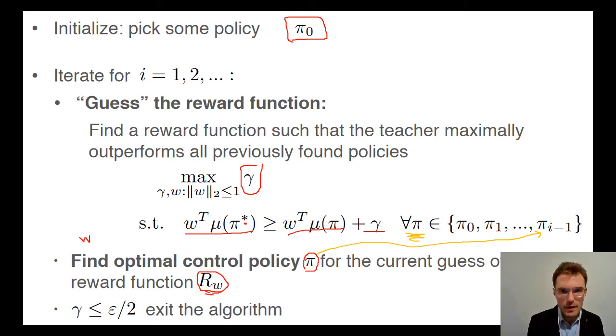And then we iterate again, and we find a new W that makes the expert better than any other one by a given margin, and we optimize this margin, and then we get another W. We get R_W, we get a new pi, and so on and so on.